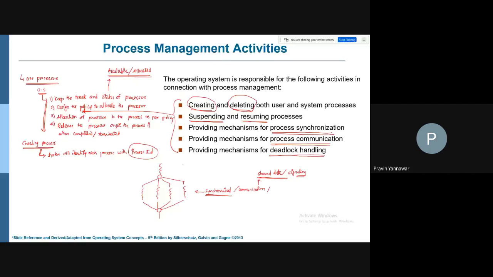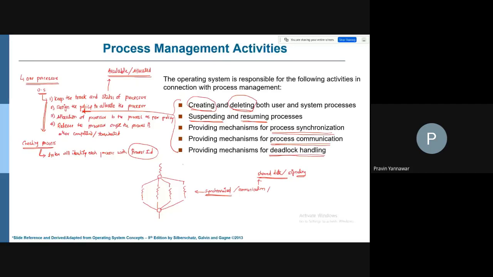So this processor has to be consumed by a process. If you look at the process, then what are the management activities? You need to create and delete the process, whether it is a kernel process or system process. This is one. If required, the process can be suspended. If required, the suspended process can be resumed.